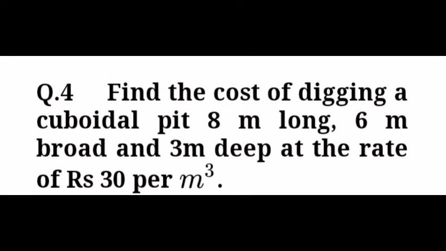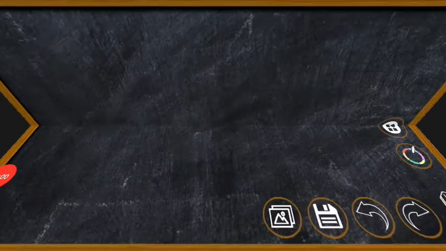Find the cost of digging a cuboidal pit 8 meter long, 6 meter broad and 3 meter deep at the rate of rupees 30 per meter cube. Here you have to calculate the cost of digging a cuboidal pit. What is the shape of the pit? It is given that it is in the form of a cuboid.